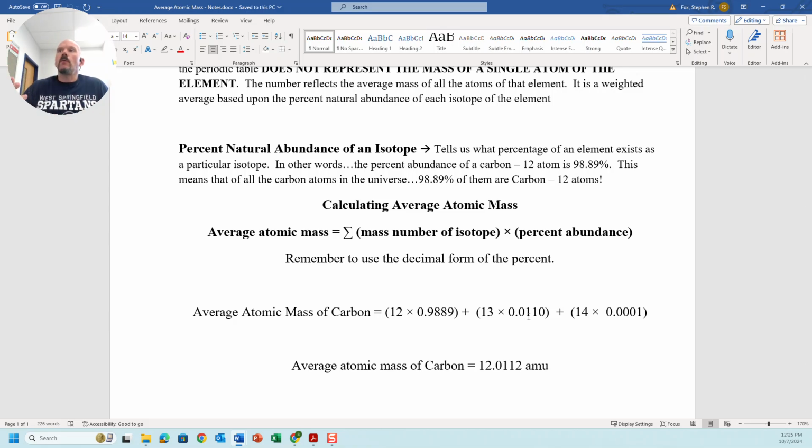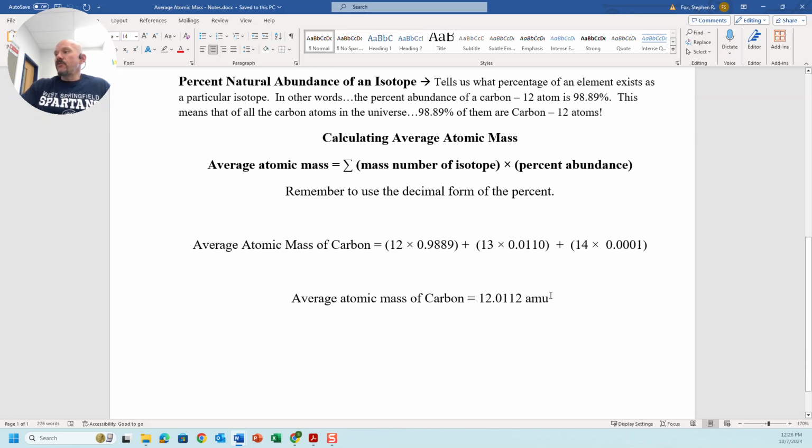Maybe I only moved it one time. But that's all you do. Mass number times its percentage, plus the mass number times its percentage, plus the mass number times its percentage, and you add them all up. Do the multiplication first and then add them all up, or put the multiplication portion in parentheses, and then add them all up.